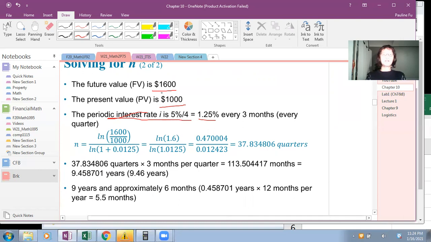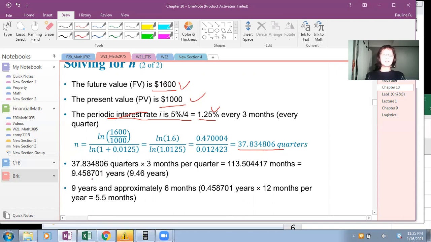Once you have these three numbers, present value, future value, periodic rate I, you plug into this formula, and you can get this number.